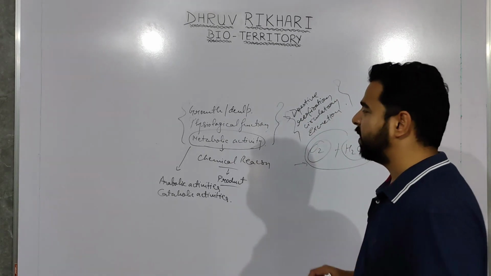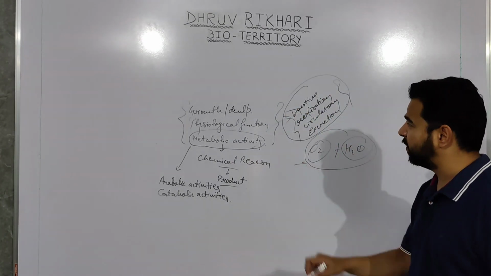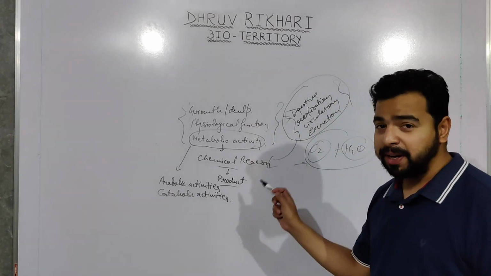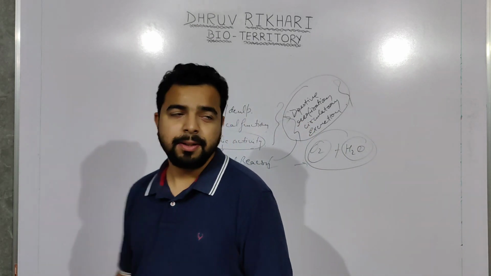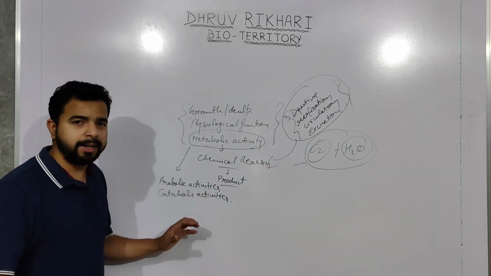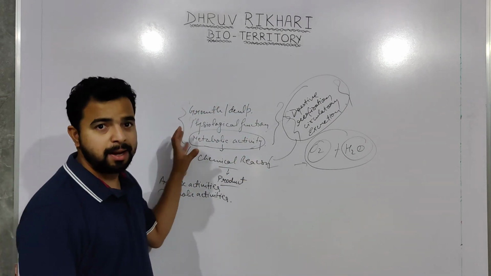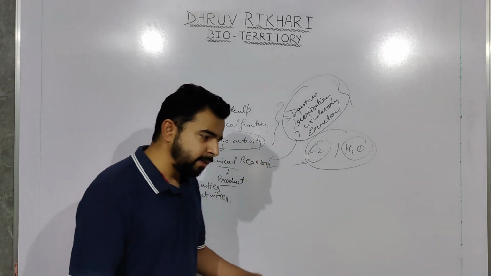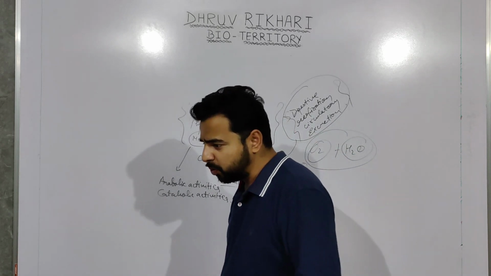All these we will study under the physiological functions, and all these physiological functions are simultaneously related to the metabolic functions. I hope till here it is clear. And why are these processes occurring in a living organism? Because they are maintaining a balance in all types of living organisms.